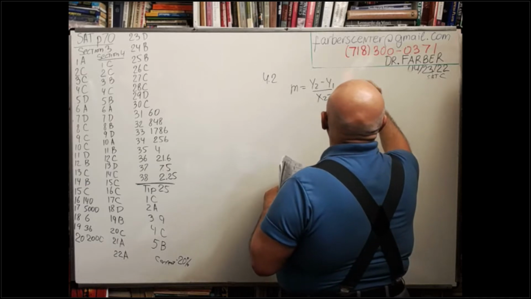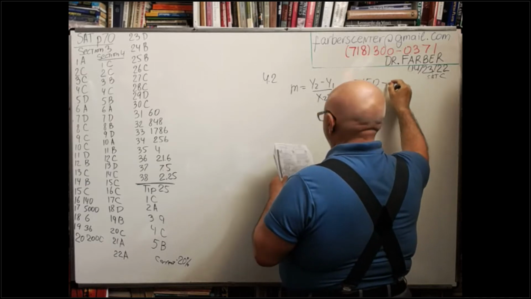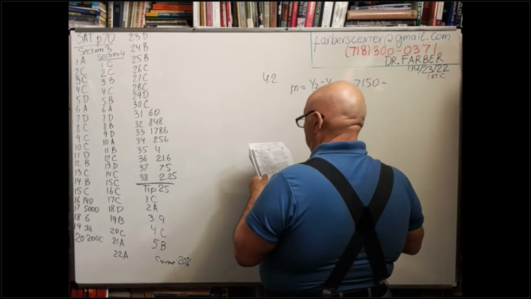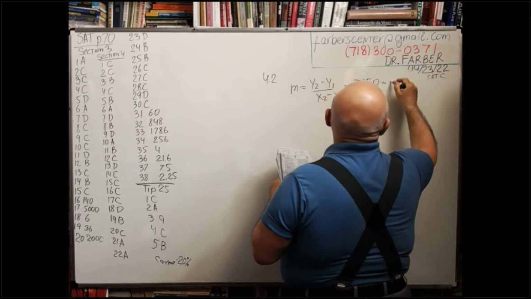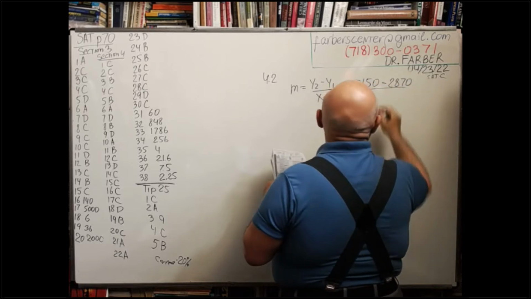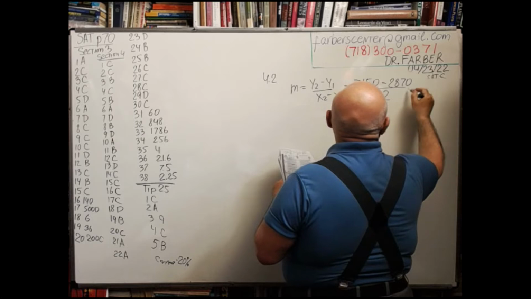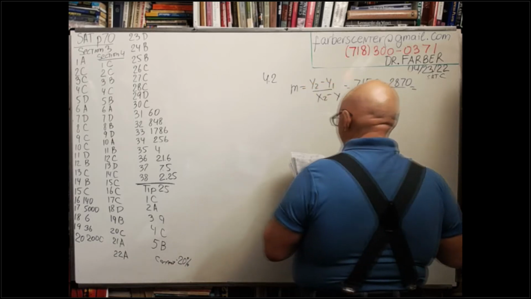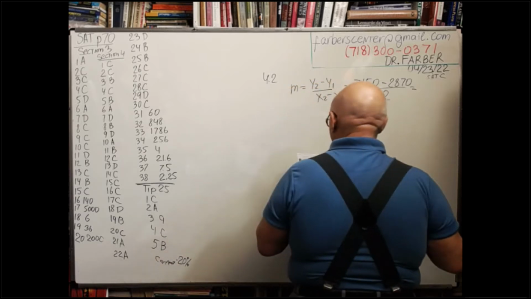7,150, and original is 28,870, and divide by 5 minus 2 years. If you perform this, I did it, I give the answer.